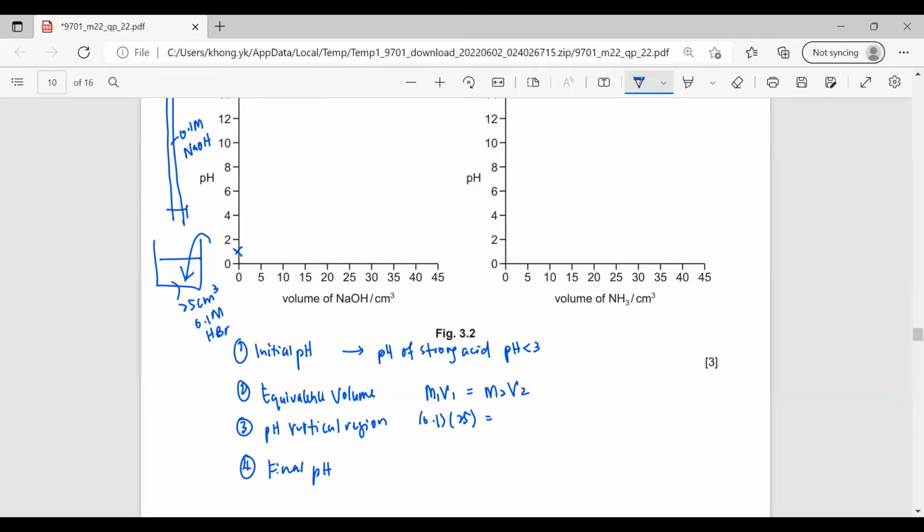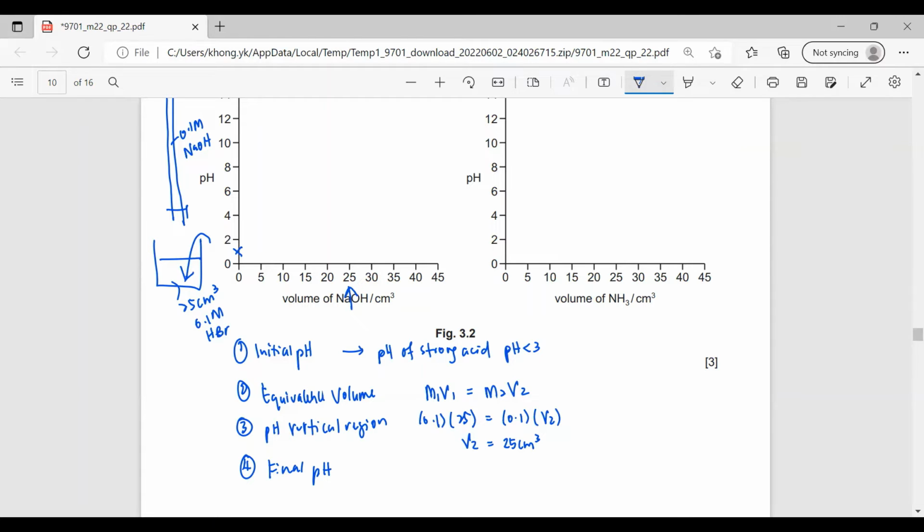The M2 will be the concentration of NaOH, which is 0.1, and we need to find the volume of NaOH needed. So with this, we will see that the volume of NaOH needed is 25 cm³. So 25 cm³ will be the equivalence point.